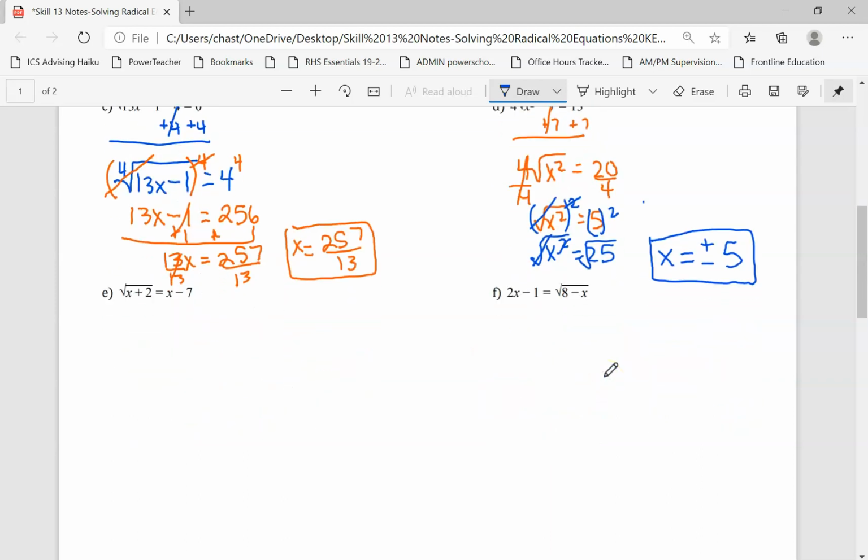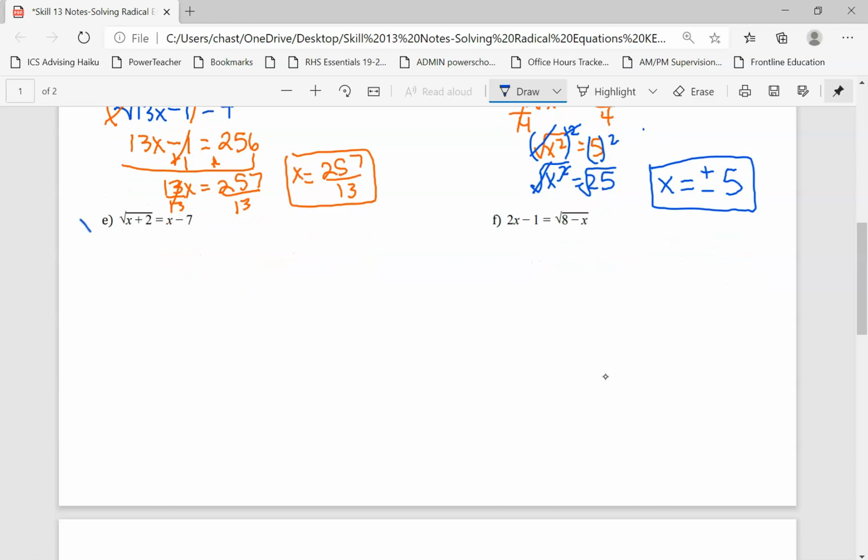All right, these last two, we have a variable on both sides. So on these, we have to check for extraneous solutions. And when we work these out, they're going to be a little more complicated. So first one, isolated radical already happens. So I'm going to square that side. So we get x plus 2 equals.